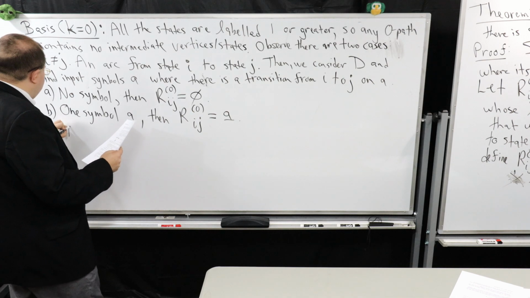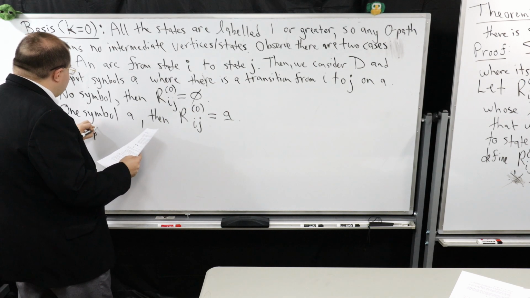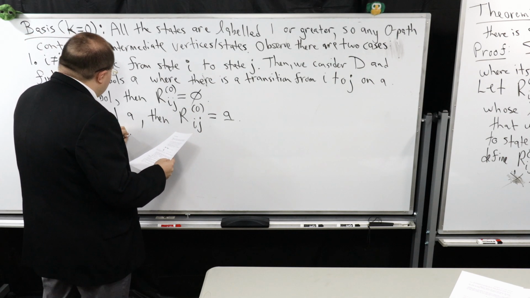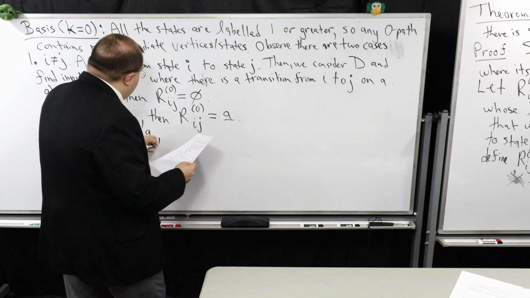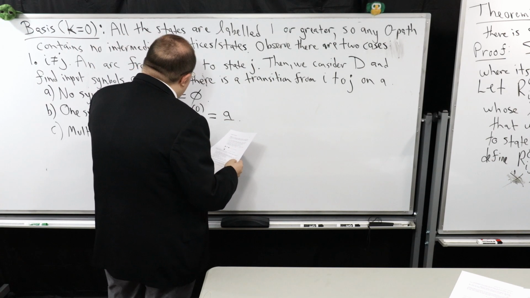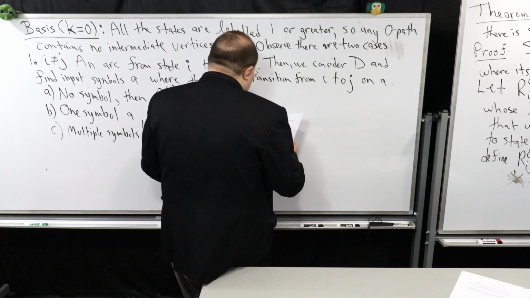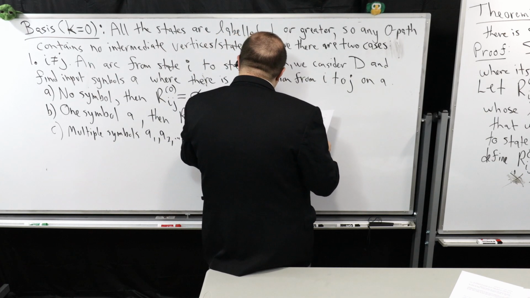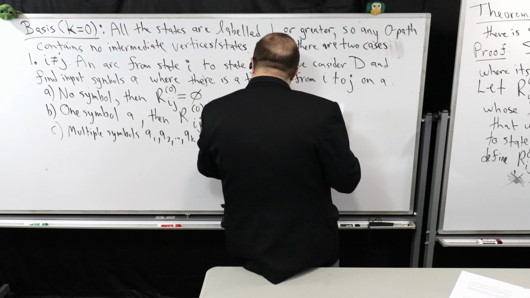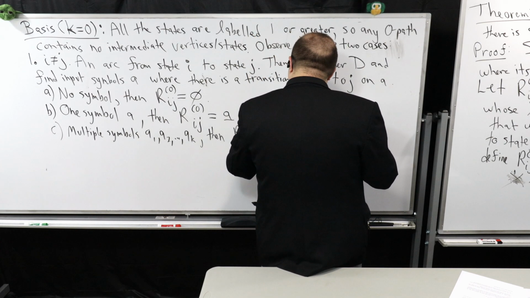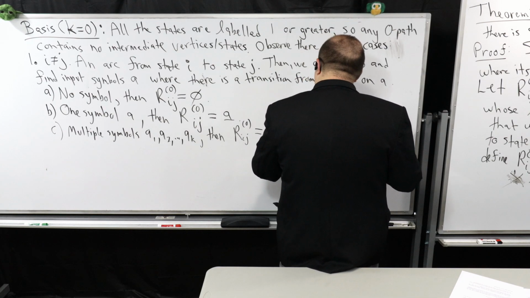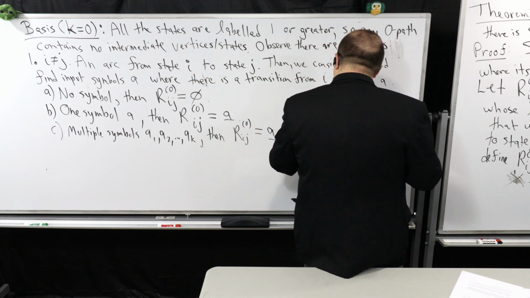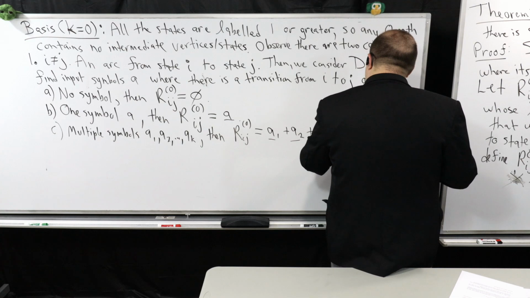So here I can also have it where I have multiple symbols, and suppose that they're called A1, A2, all the way up to AK. Then R superscript 0, ij, is equal to the regular expression that consists of those symbols, like so.